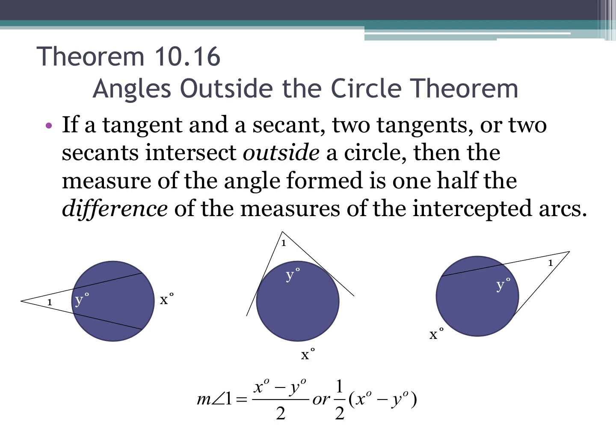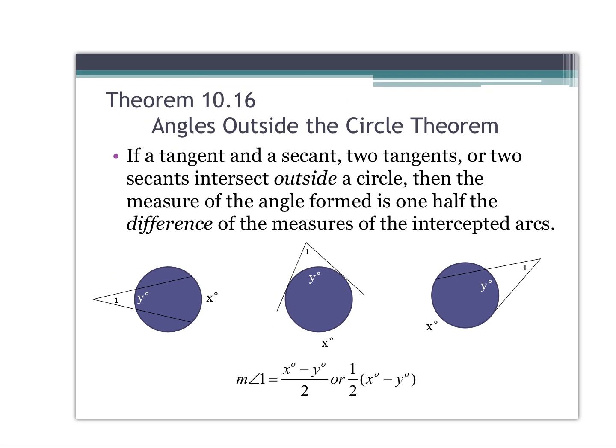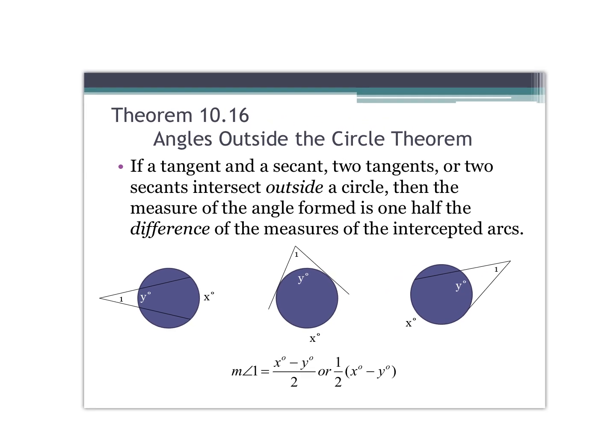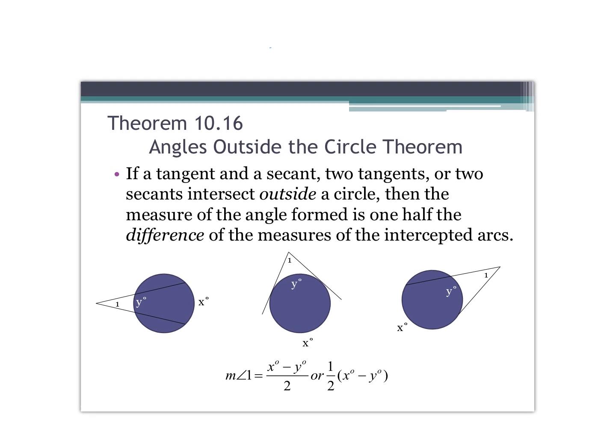And then we've got the last scenario, or one of the last scenarios, I think, where what happens if you have two lines that intersect and the vertex of the angle is outside the circle. So remember, we started this whole thing with central angles where the vertex was in the center, right?